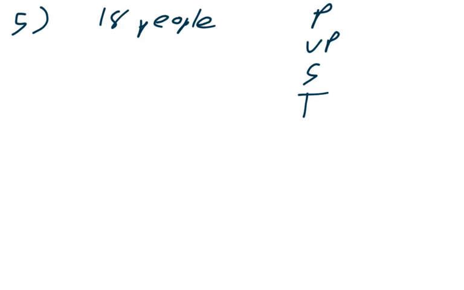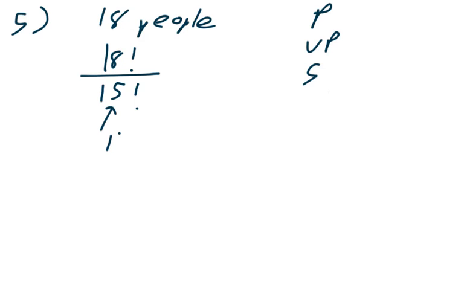In problem number 5, there are 18 people, and we have president, vice president, secretary, and treasurer, which means that, oh, I didn't include treasurer, so I'm going to erase that. So we have 18 people, and each position is different, so it's going to be 18 factorial divided by 15 factorial.